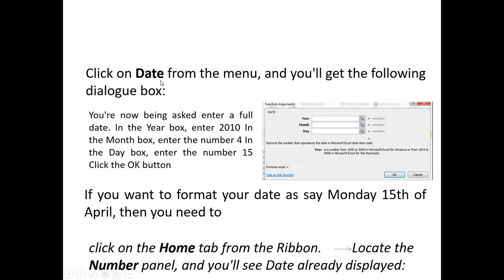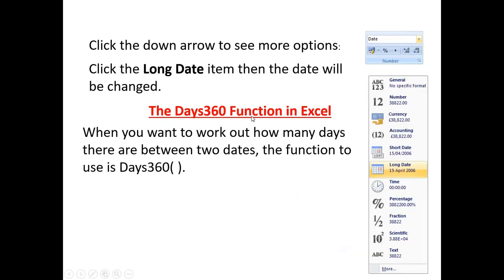When you click on date from the menu, you can see the function argument box, which asks you to write the year, the month, and the day, and then it writes the date that you want on your table. Days 360 is also a function used to find the days between two dates. This is the days for the financial year.